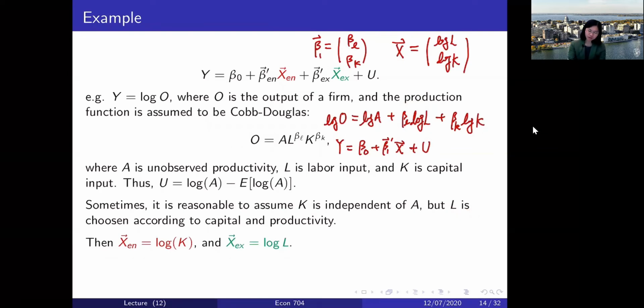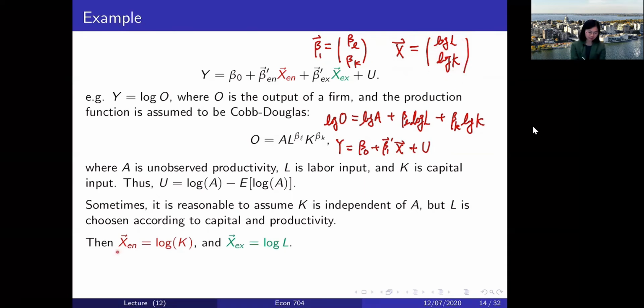So within this vector of causal variables, some of the elements are not independent of the error term, and some other elements are independent of the error term. So log of L is endogenous, log of K is exogenous.